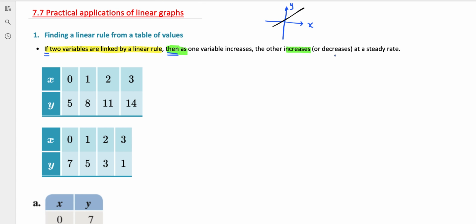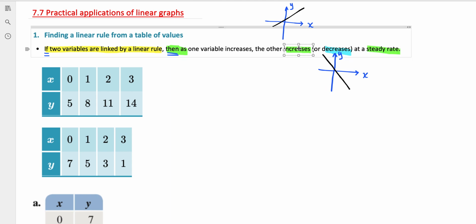Decreases will be the opposite scenario, where I have y and x, and then I have a linear graph like this one, and as x is increasing, y is decreasing. And that's the other scenario that I have. At a steady rate, that's the other part that is very important.